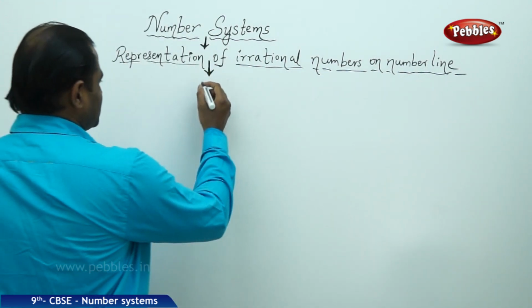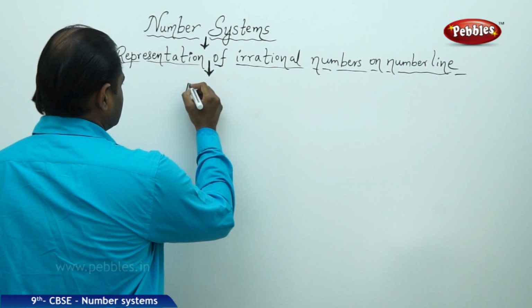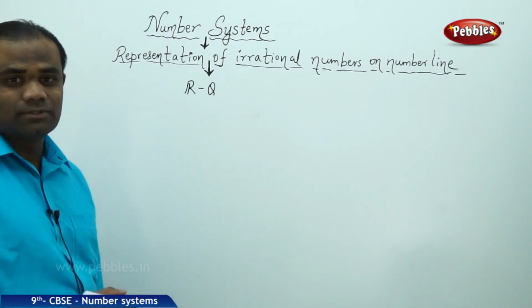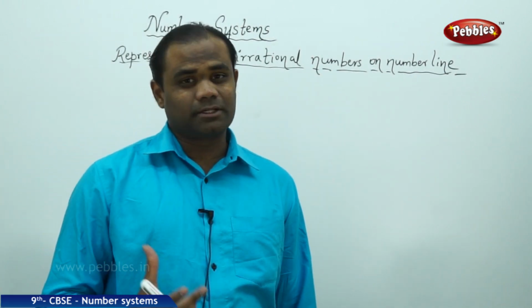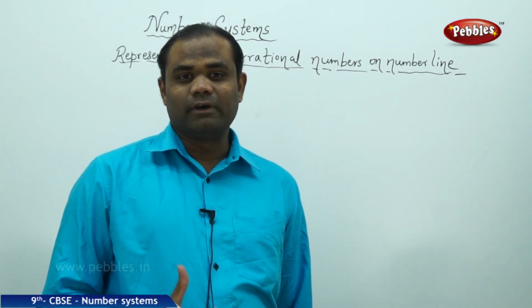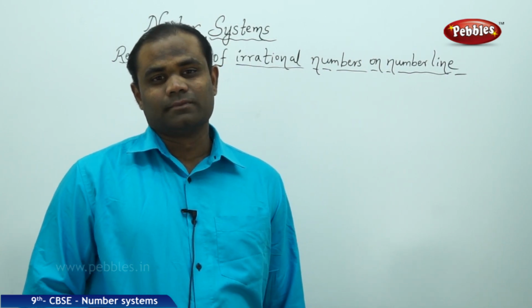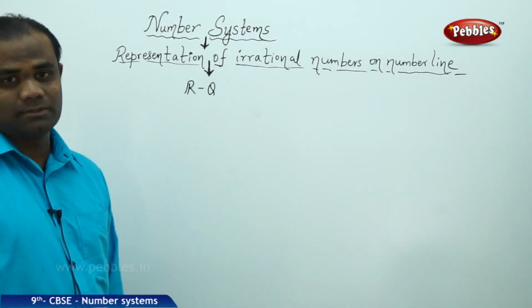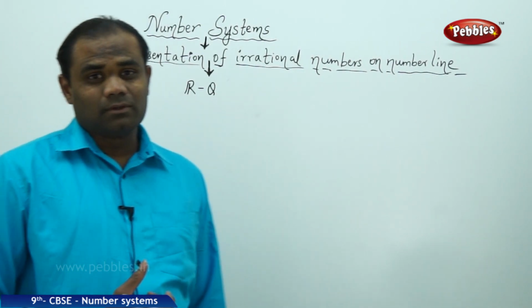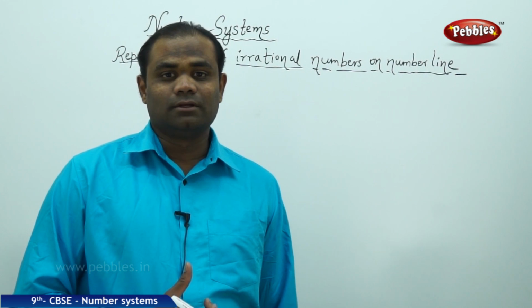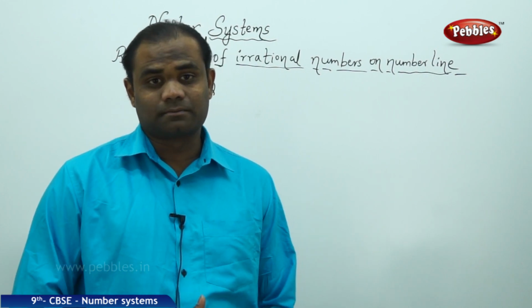Irrational numbers, as we have discussed, are the elements written in the form R minus Q. So all numbers which are not rational, or which cannot be expressed in the form P by Q, where P, Q belong to Z and Q is not equal to 0, are how we define irrational numbers. Let's see how these irrational numbers can be exactly located on the number line through exact distances.